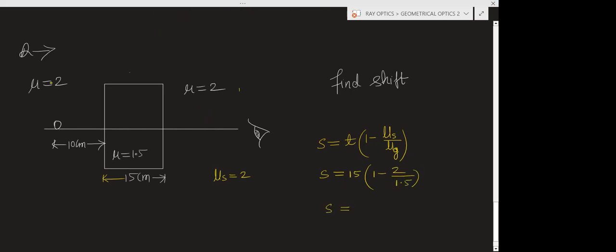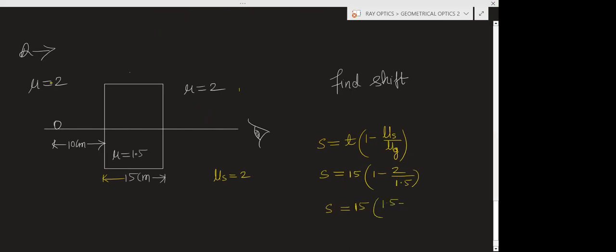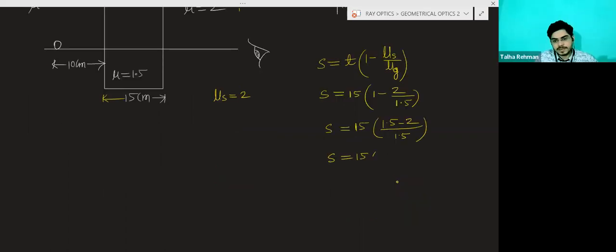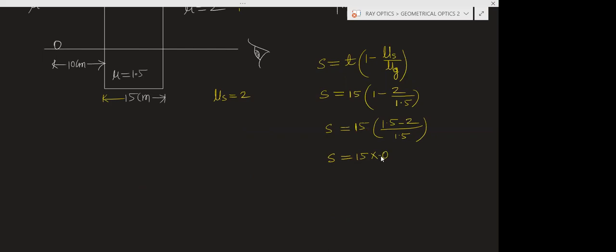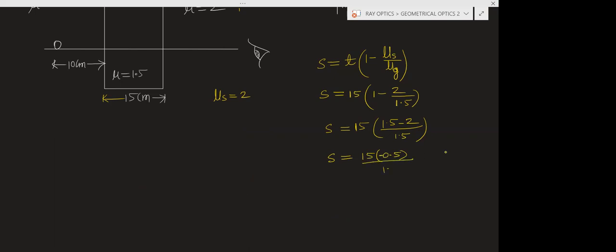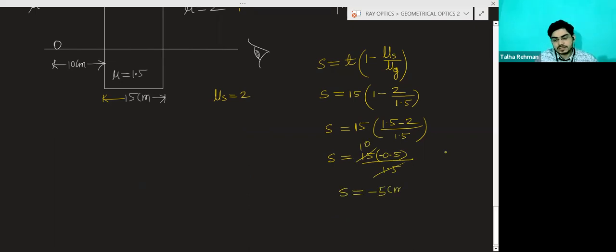So it will be 15 times (1.5 minus 2) by 1.5, which is 15 multiplied by minus 0.5 divided by 1.5. When you cancel this, it will be 10, so the shift will be minus 5 centimeter.